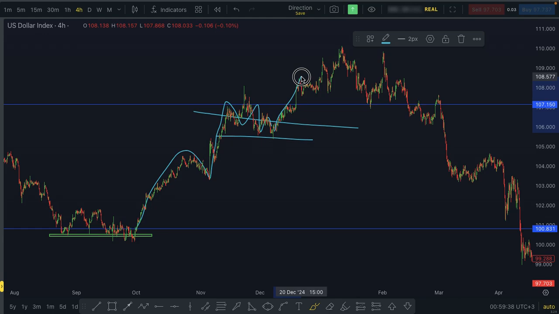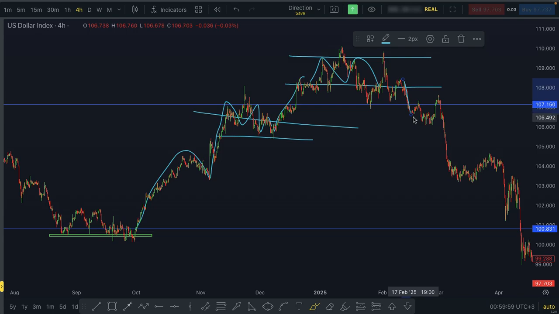Then you can see it created some sort of range around here before any push to the upside, and once it pushed to the upside, it created another range. The market was trading to the resistance area and then coming to the support area as well before it broke to the downside.